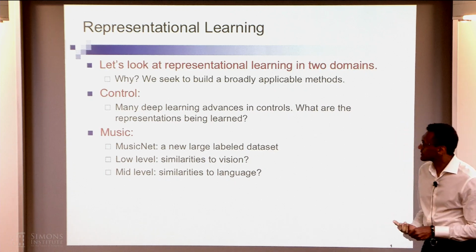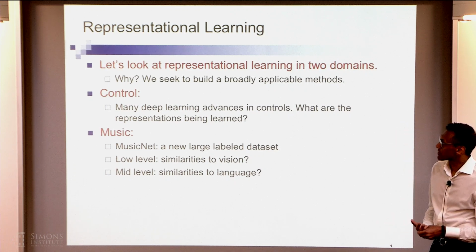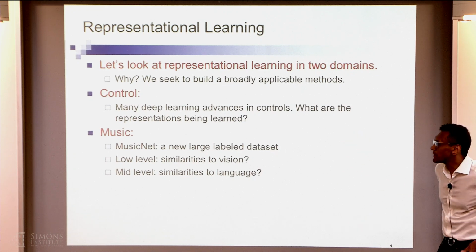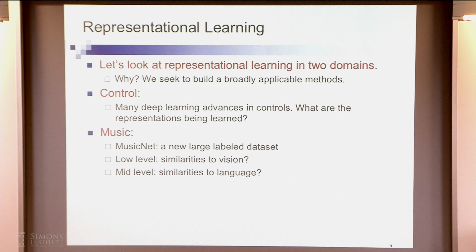So the two domains I'll be looking at today are control and robotics. In the last maybe 2 years, there have been a lot of impressive advances in control due to a bunch of deep learning methods. One question is just, what are the representations being learned? What are the questions here?